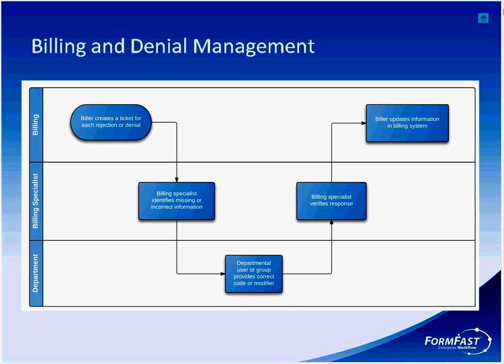What we did was look at the overall process and incorporate that into FastFlow. It's still a similar process: it creates a ticket that's sent to the billing specialist to identify some missing information and then passes that on to the departmental user.